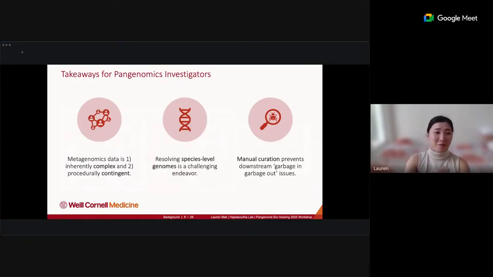And the third point, which I will get to in the results section a little bit more, is that manual curation or careful visual analysis of your metagenomics data prevents downstream garbage in, garbage out issues for any sort of analysis you might want to do that starts with metagenomics data, which could include pangenomics. It can include functional genomics, where you're looking at the gene capacity, the phenotypic capacity of your entire sample, and so on and so forth.